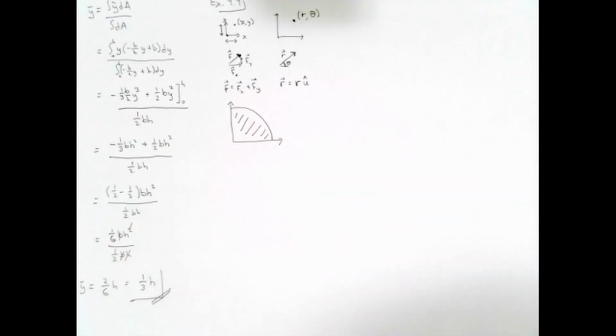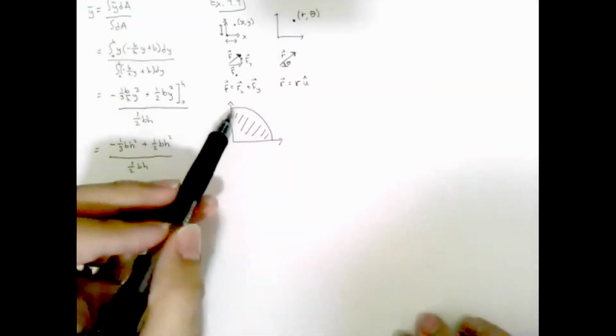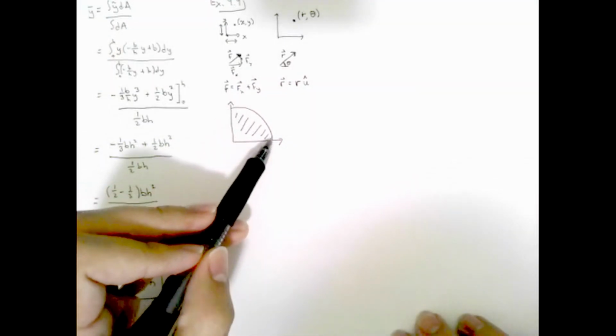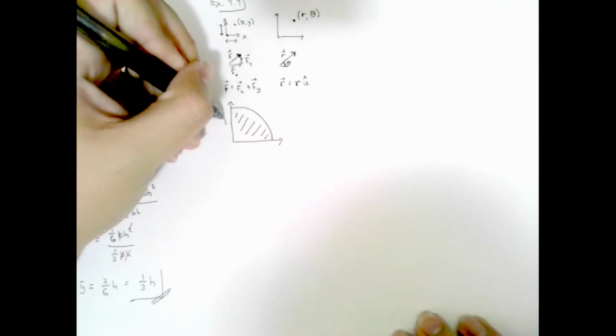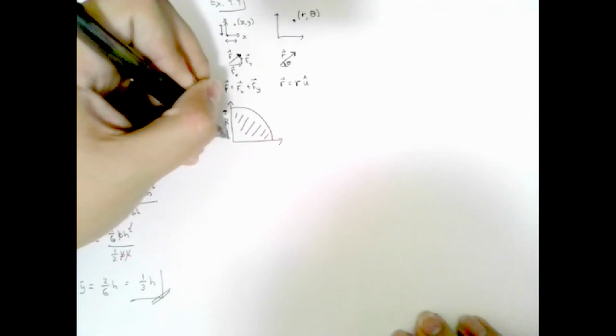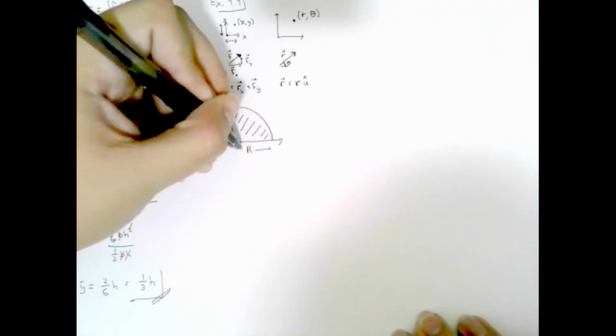However, let's say that you don't know that area and you want to find this area by integrating over this curve. First off, let's say that this circle has a radius of capital R. That's just the radius of the circle.